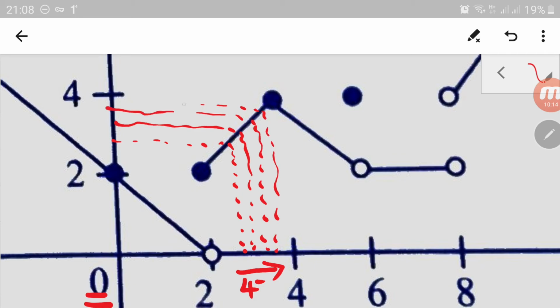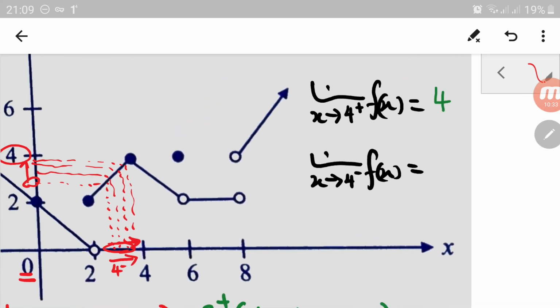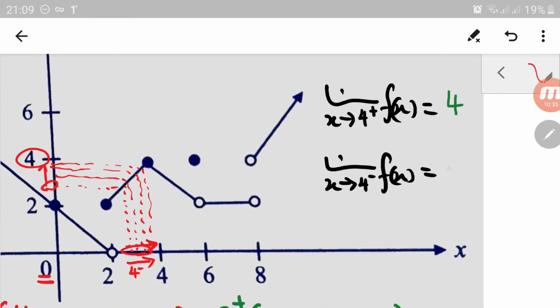And then the x is getting closer to 4. As you can see, when I move the x closer to 4, the value of y moves towards 4. So the limit of f(x) as x approaches 4 from the left is also 4.